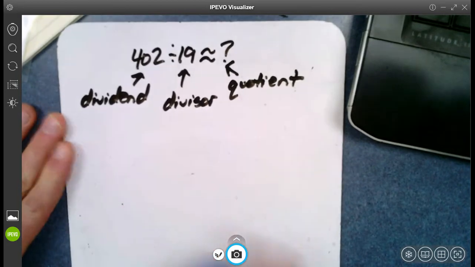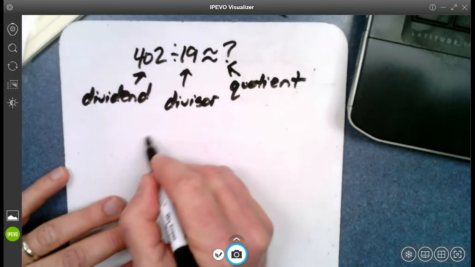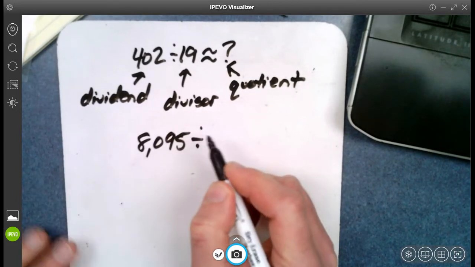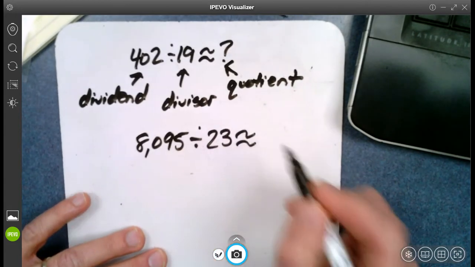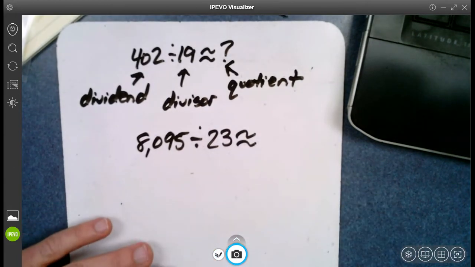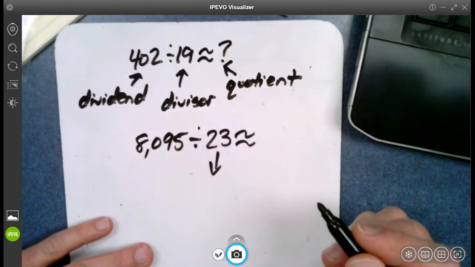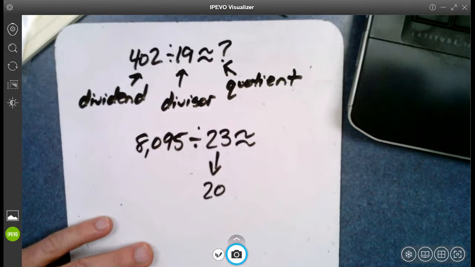Okay. And I'll slow it down. I'll make sure that you understand the steps. So let's say we have 8,095 divided by 23. And we're trying to find our estimated quotient. Start by changing the divisor first. Okay, so 23 is going to change into 20.